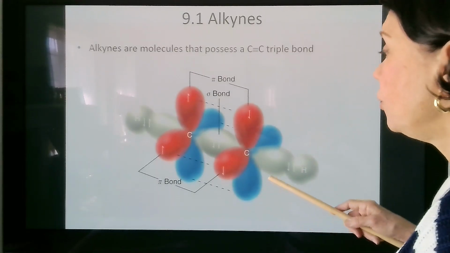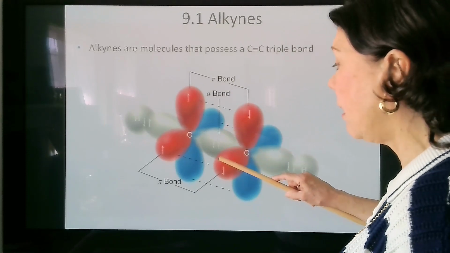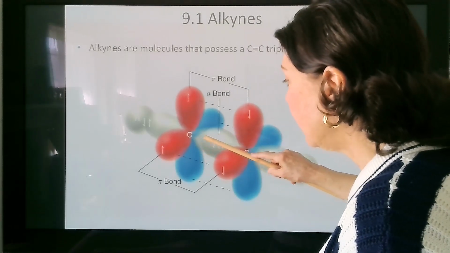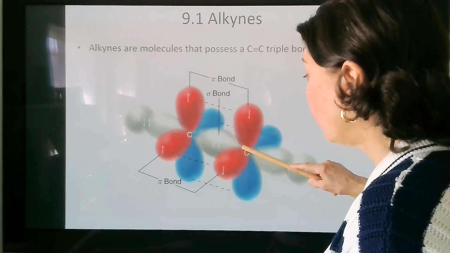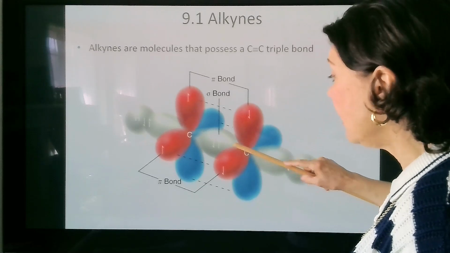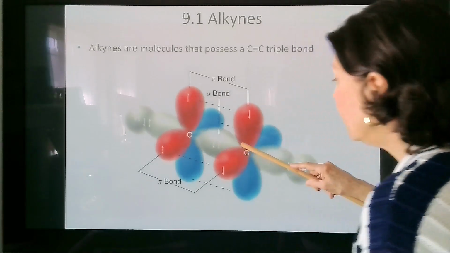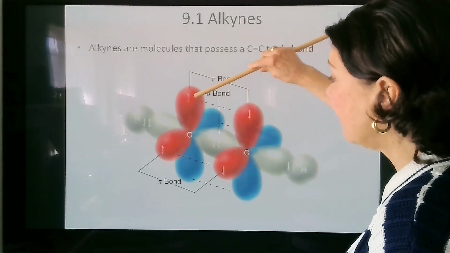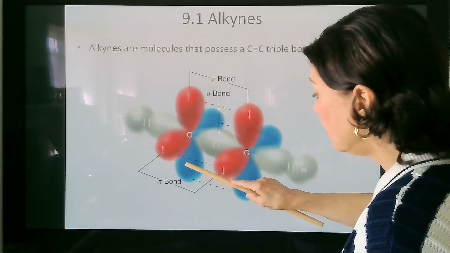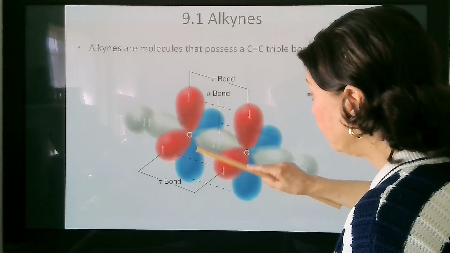So alkynes, you know that alkynes have a triple bond. One bond will be a sigma bond, and the sigma bond, of course, is going to lie directly in between the two carbon nuclei. And then you're going to have a pi bond above and below one plane.